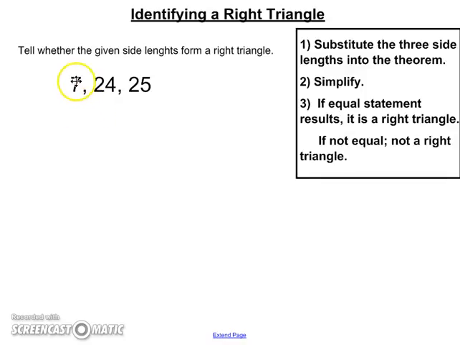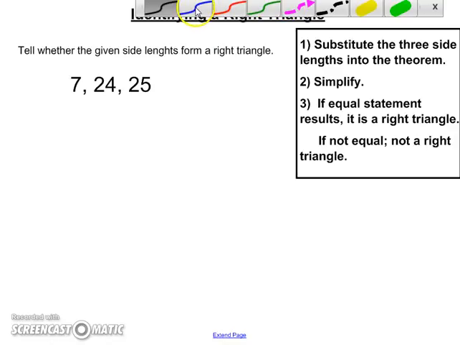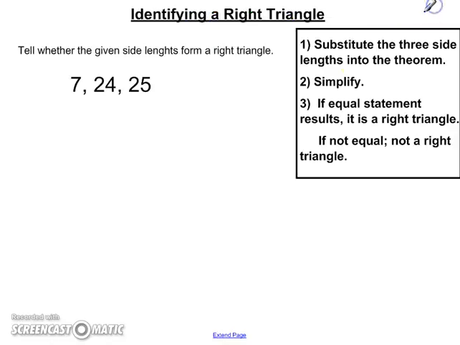We have a triangle that has side lengths 7, 24, and 25. And we want to know, is this a right triangle or not? Well, the way to determine if any triangle is a right triangle is to take the values and put them into the Pythagorean theorem, which remember is a squared plus b squared equals c squared.